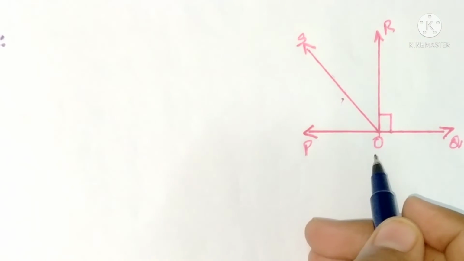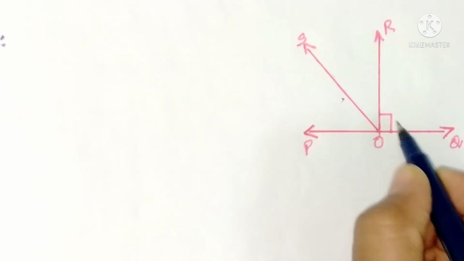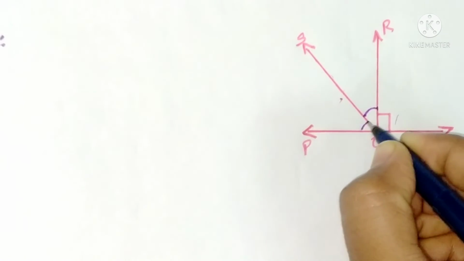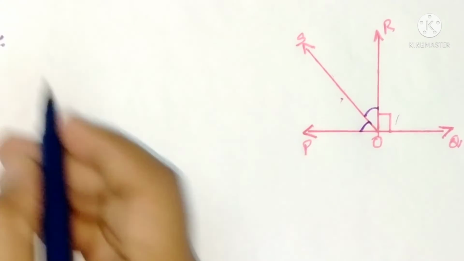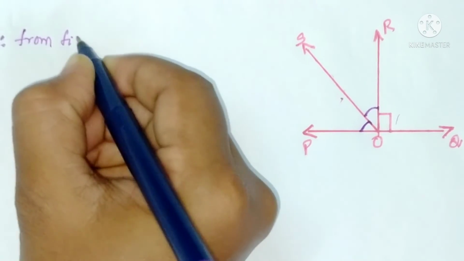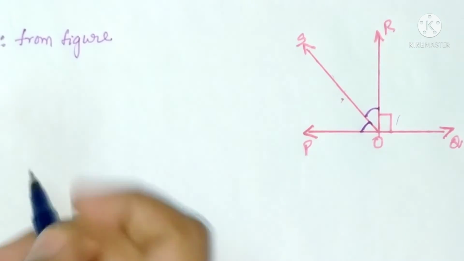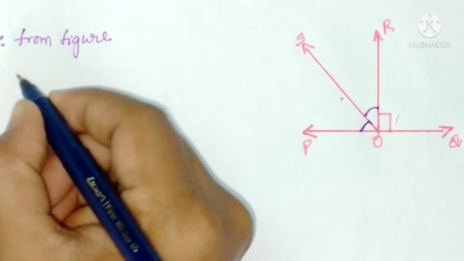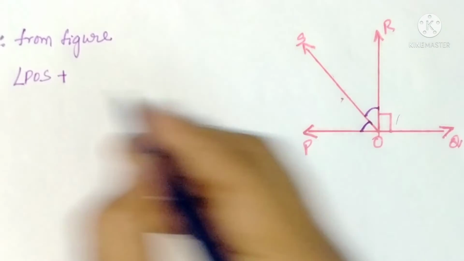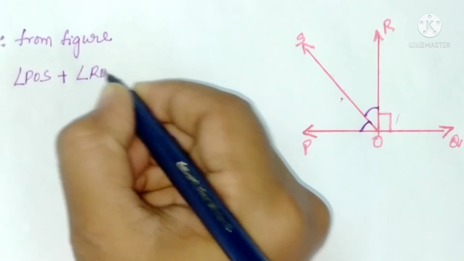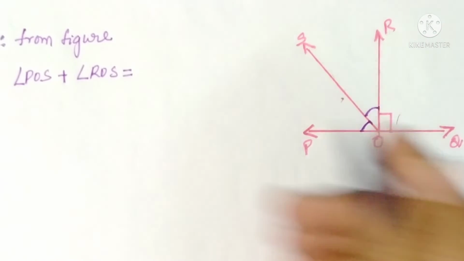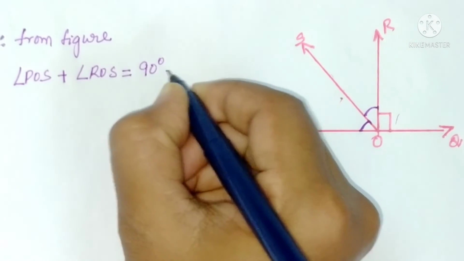Observe the figure carefully. This is 90, which means the sum of these two angles is also 90. From the figure, angle POS plus angle ROS is equal to 90 degrees.